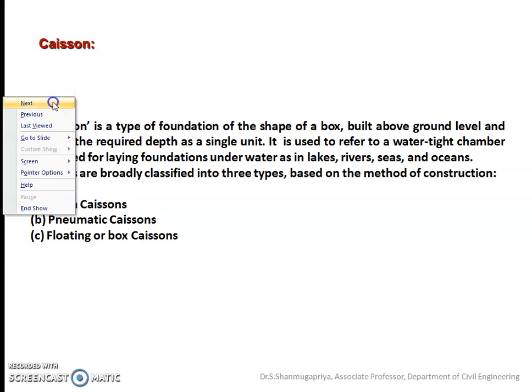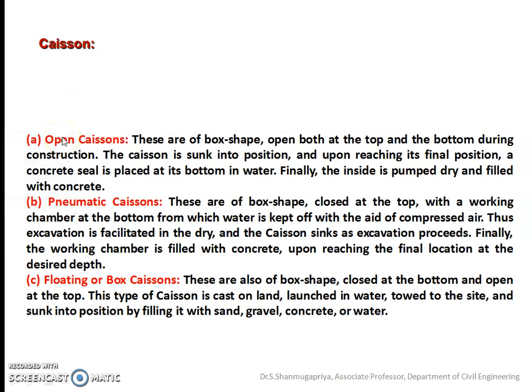Now let me move on to the next slide. In this slide, let us briefly understand the three different types of caissons. As I said, the first one is the open caisson. An open caisson is of box shape, and it is open both at the top as well as at the bottom during construction.